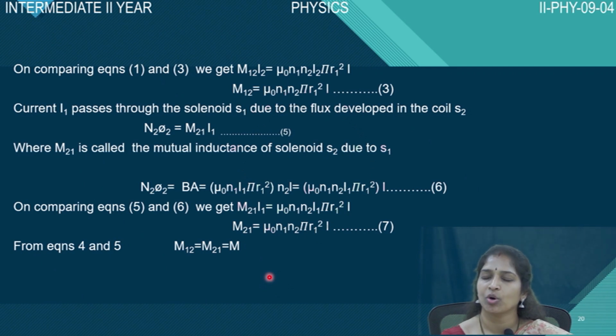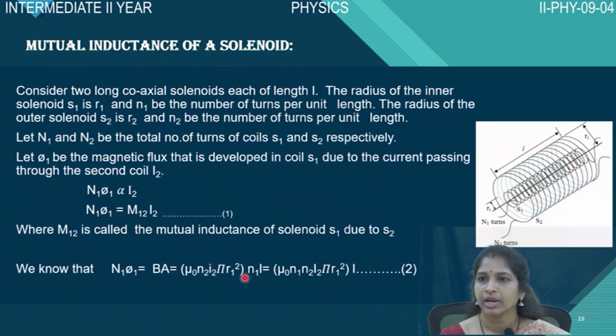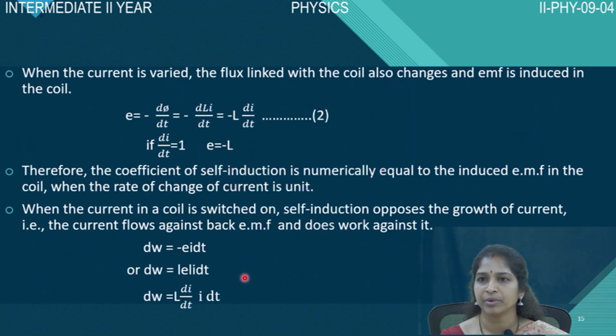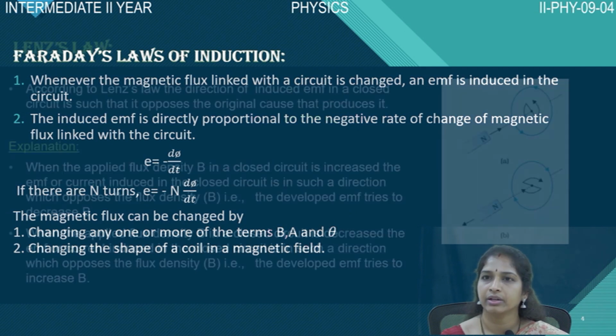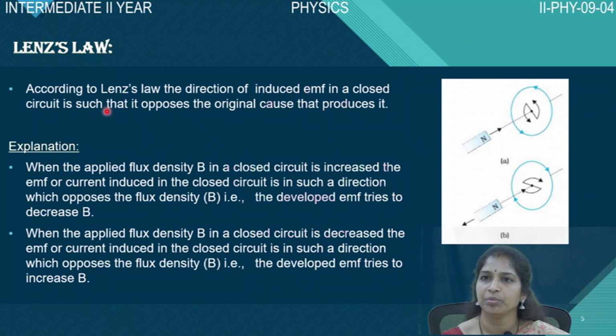This is the last topic of this chapter, and the important questions in this chapter are Faraday's laws of induction. It is very, very important. They will ask you to write Faraday's laws, so you have to write these two. Lenz law is also very important.